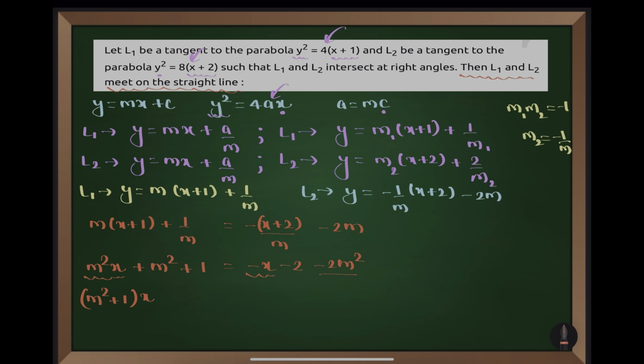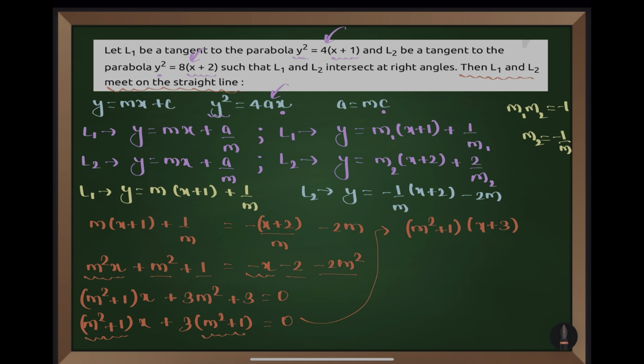Now 2m square plus m square, so it will become 3m square, plus 2 plus 1, so plus 3. Correct? Now can I factorize? So m square plus 1 times x plus 3 times m square plus 1. Now look at this. Here also we have m square plus 1, m square plus 1. So can I take common? So we will have m square plus 1 into x plus 3 equals 0.